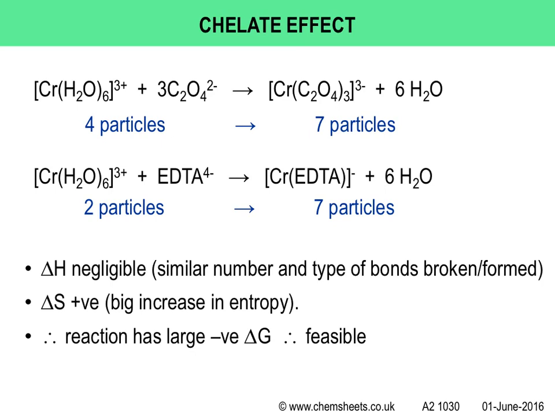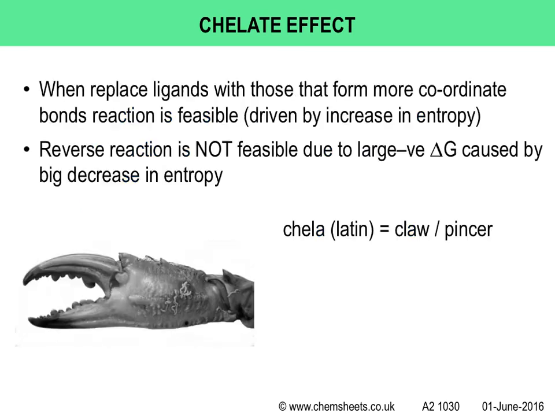But the change in the entropy of the system, because of the change in the number of particles, is large. From 2 to 7 is a large increase. So we have a big increase in entropy. We're going to get a negative change in the Gibbs free energy, delta G, and that's essentially what's driving the ligand substitution reaction.